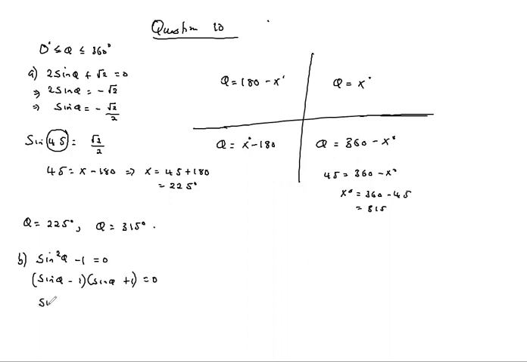In other words, sine theta is 1, sine theta is negative 1. So what is theta? Okay, so the first thing we know, theta is 90. Sine 90 is 1. And that's the only angle that gives us 1 from 0 to 360. Okay. Then what about negative 1?